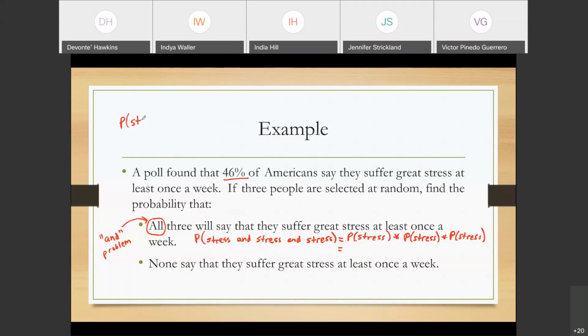So for any one person, the probability that they experience stress is 0.46. Now, keep in mind, I can't put 46% into my problem because I can't calculate with the percentage. That's why I'm changing it to a decimal. Remember, to change a percent to a decimal, you move the decimal place 2 places to the left.